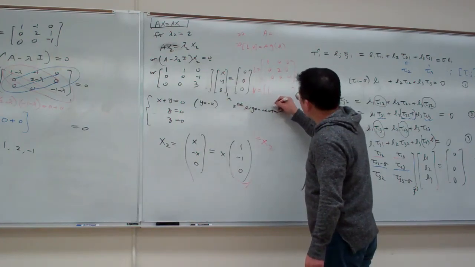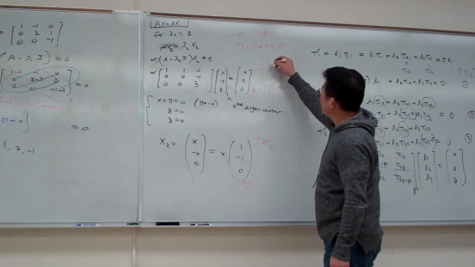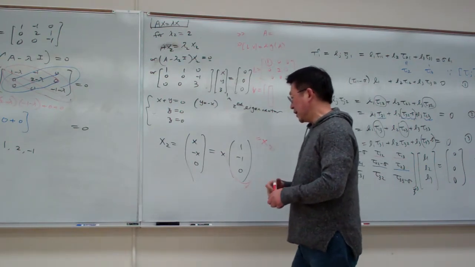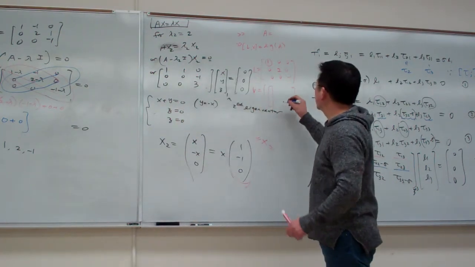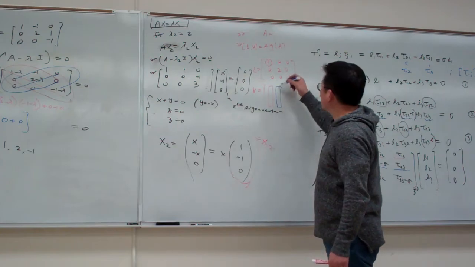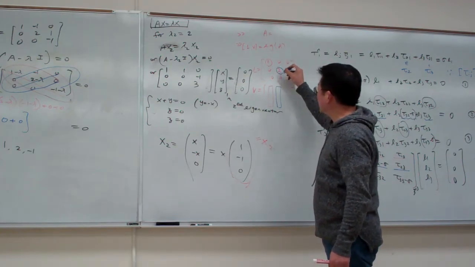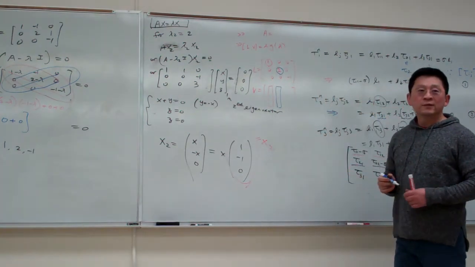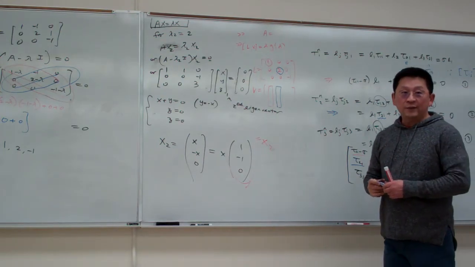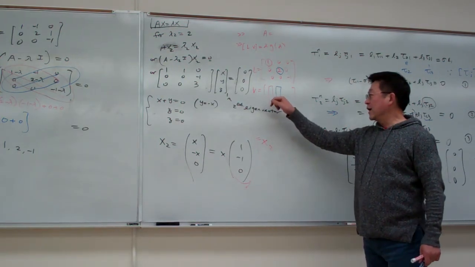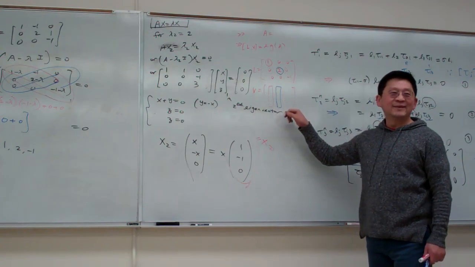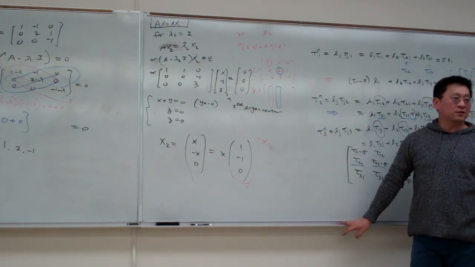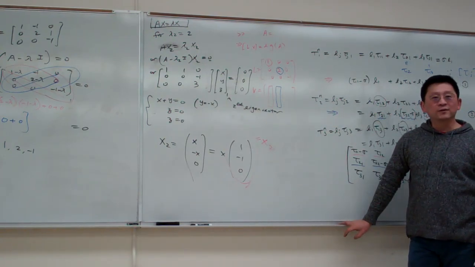The first column is the vector corresponding to this, and the second column is the eigenvector corresponding to this, etc. However, MATLAB depends on versions; they are not normalized. So keep that in mind. Do it by yourself with one step. Okay. So next.